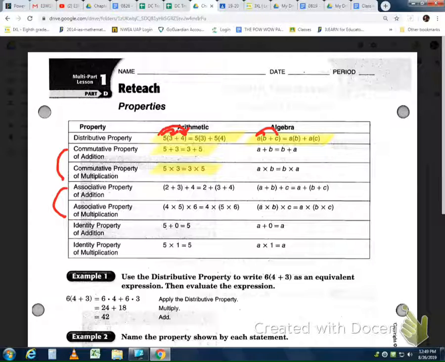So if you're trying to add 2 plus 3 plus 4, if you add 2 plus 3 first and get 5, and then add 4, you're going to get 9. Well, over here on the right, if I add 3 plus 4 first, I get 7, and 2 plus 7 is also 9. It doesn't matter how you associate them. You can reassociate them and still get the same answer.